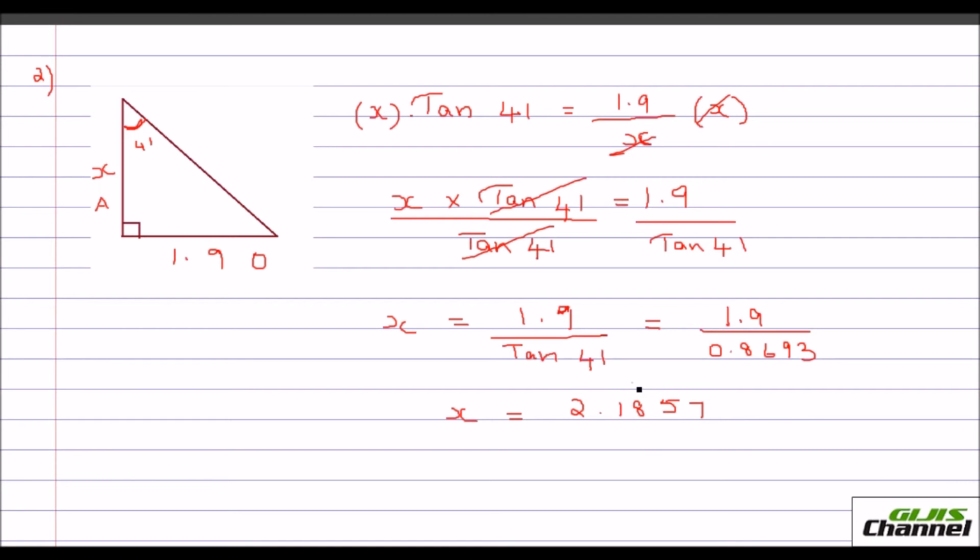Round it off to 1 decimal place. Since this digit is more than 5, I add 1 here, and my x value, that is my adjacent side, is equal to 2.2.